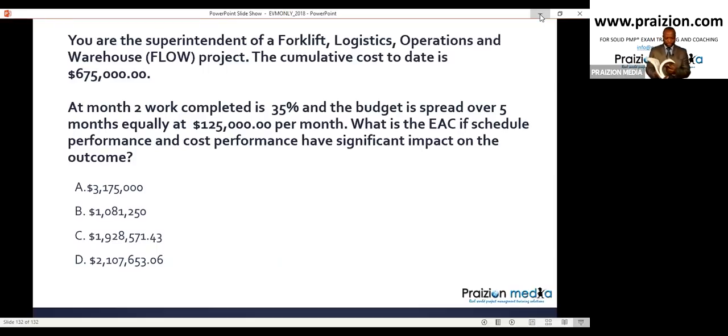Let's go to page 267 in the PMBOK guide. What does it say on page 267? Under EAC, if you take a look at EAC number 4, it says, if both the CPI and SPI influence the remaining work, then use EAC equals AC plus (BAC minus EV) divided by (CPI times SPI).